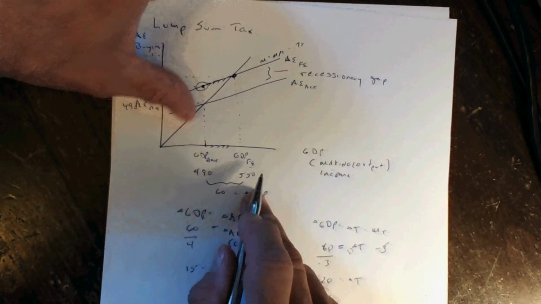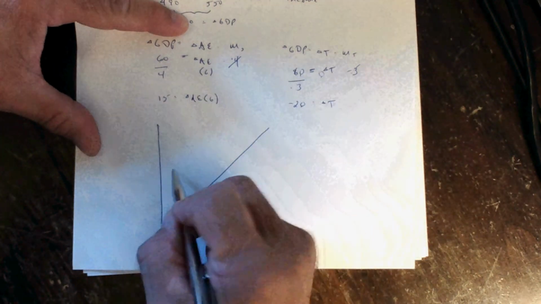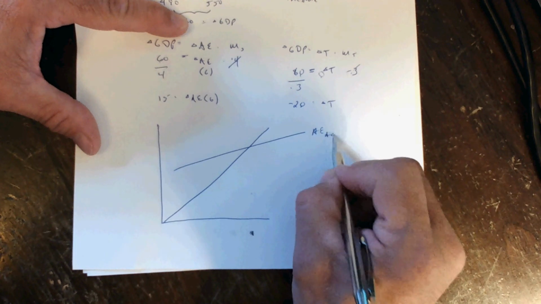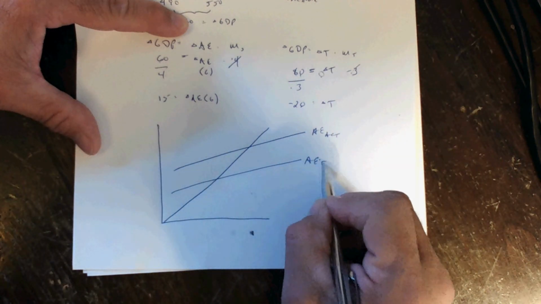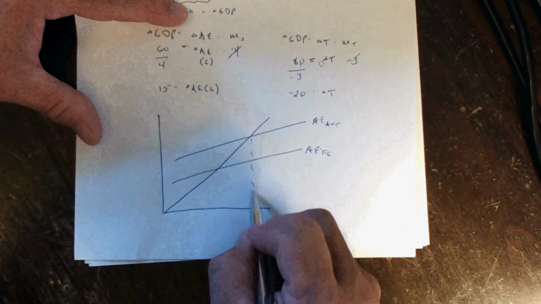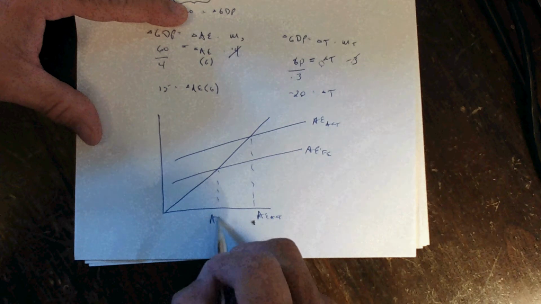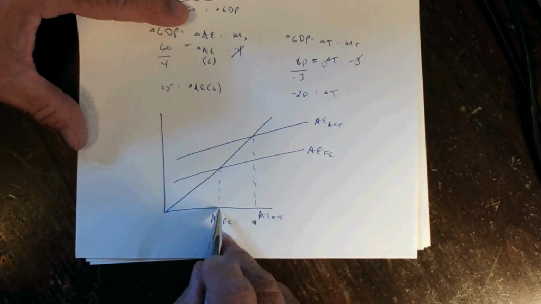If it were reversed, and this is aggregate expenditures actual, and this is aggregate expenditures full employment, then we're trying to buy more output than we can produce at full employment.